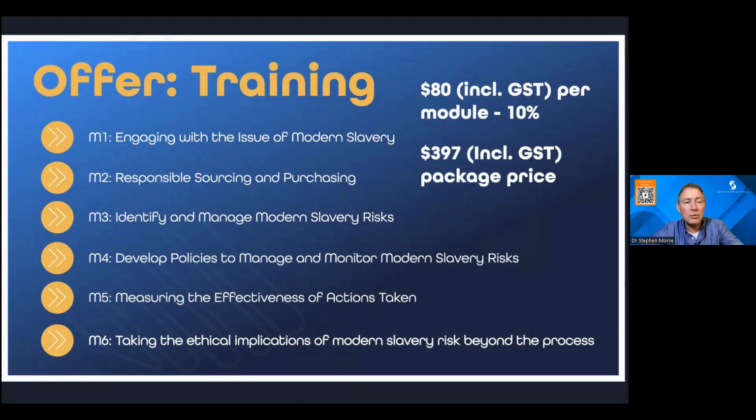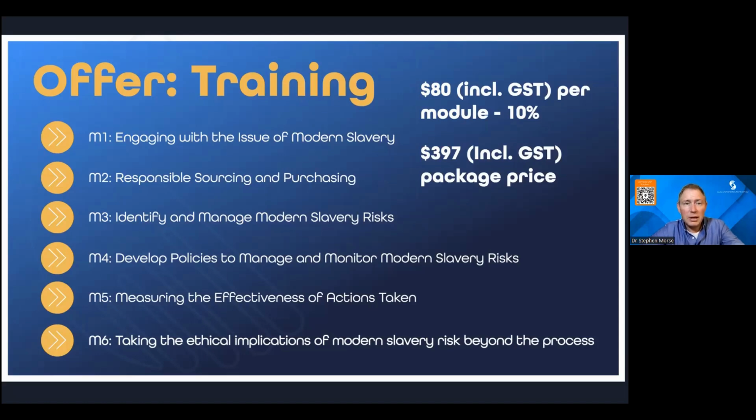The first one is the key one around awareness and personal consumer choices. As we move through, we get into more detail. What we've talked about today is really embedded in module 3, identifying and managing modern slavery risks, with other modules on policies, measuring effectiveness and going further with implementation.